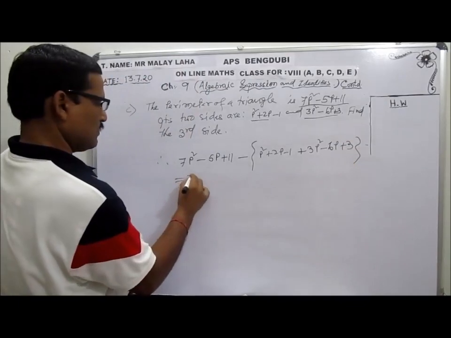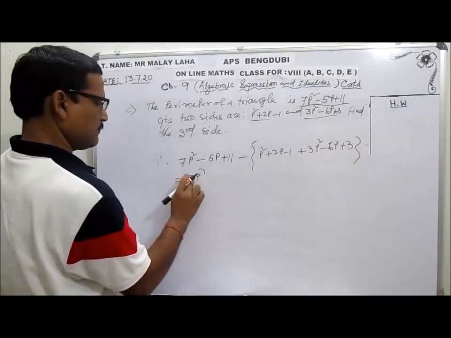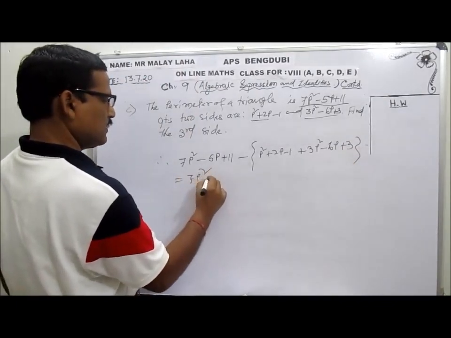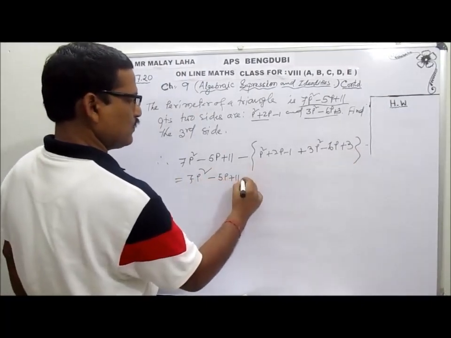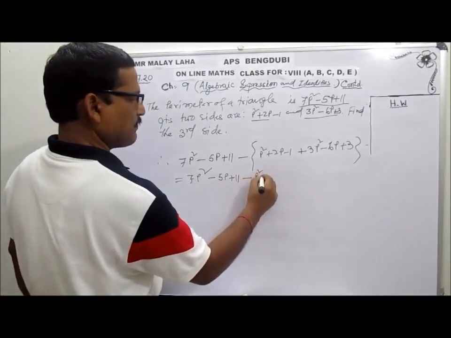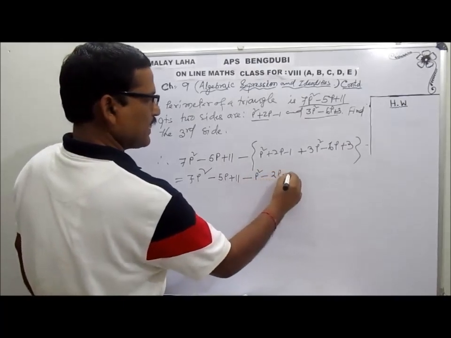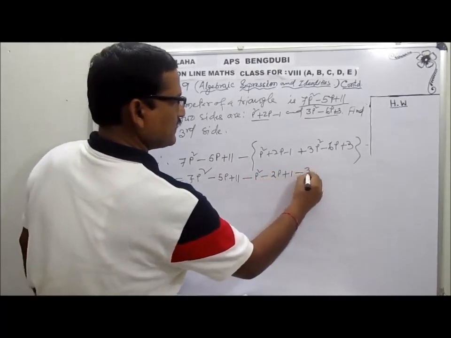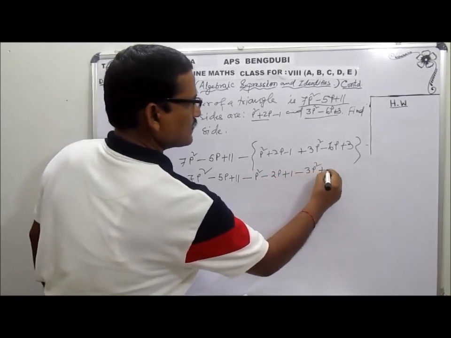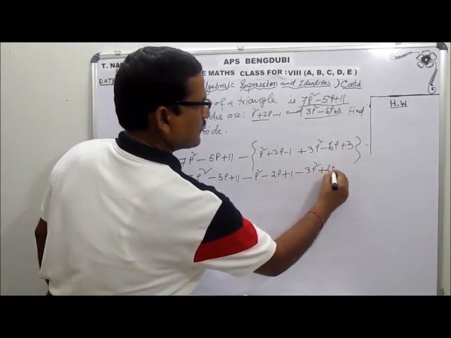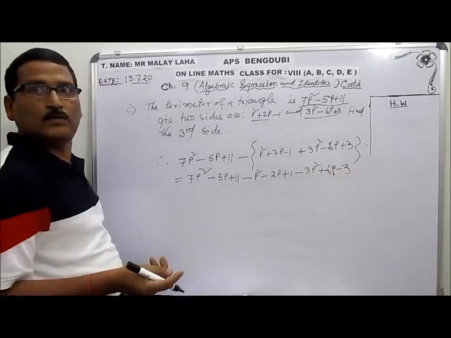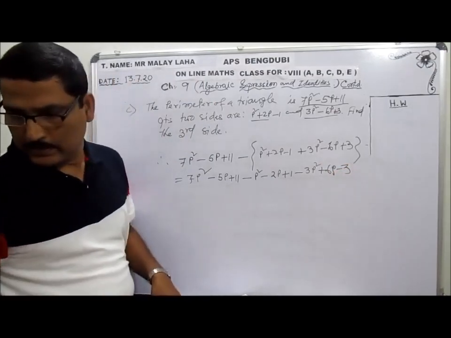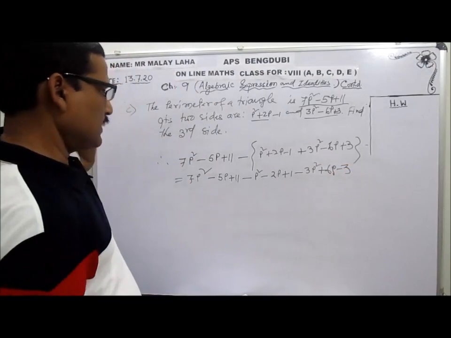Okay, 7p square minus 5p plus 11, open the bracket. So minus p square minus 2p plus 1 minus 3p square plus 6p minus 3. Now you write down the result.